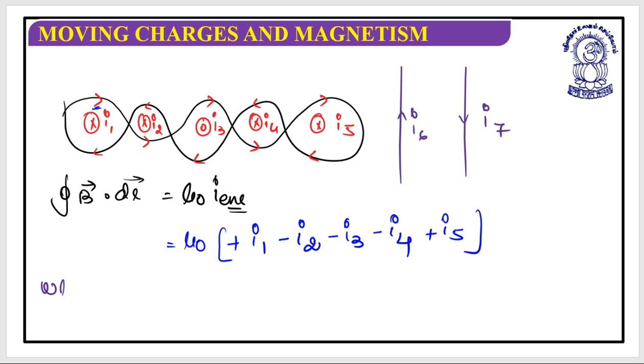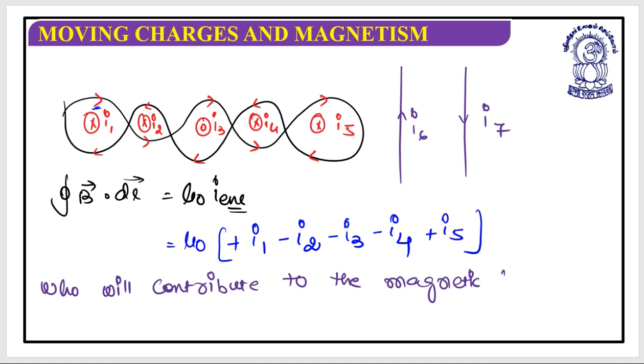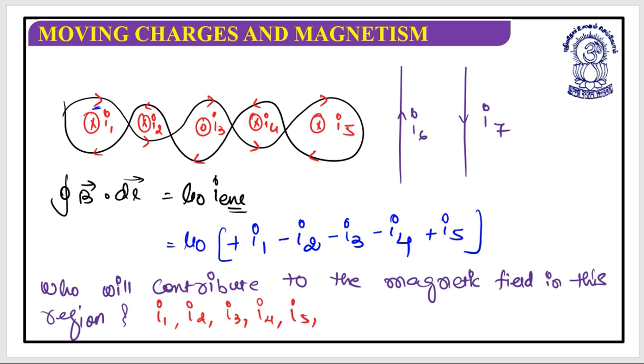If they ask who will contribute to the magnetic field in this region, my answer should be I1, I2, I3, I4, I5, I6 and I7.